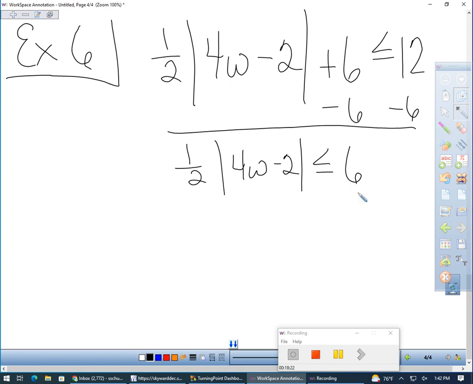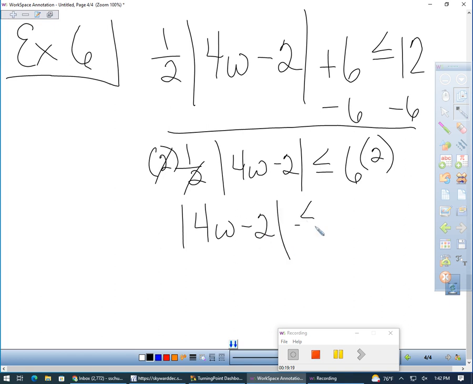Exactly. Or the other way to think about it is you're clearing the fraction, right? If I'm timesing both sides by 2, aren't I canceling that 1/2 out in front? So whether you think of it as multiplying by the reciprocal or clearing the fraction, it's both exactly the same. So we have the absolute value of 4w minus 2 is less than or equal to 12.